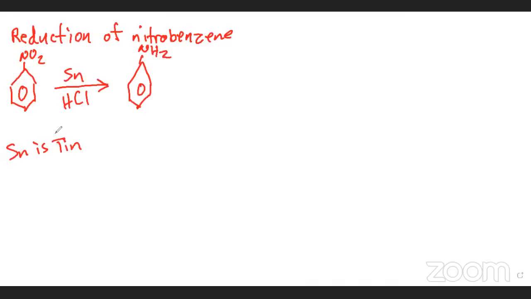All right. So to go from nitrobenzene to phenylamine, you will use tin and HCl. Ensure you know all of your reagents for these reactions. All right. So we're going from nitrobenzene to phenylamine.